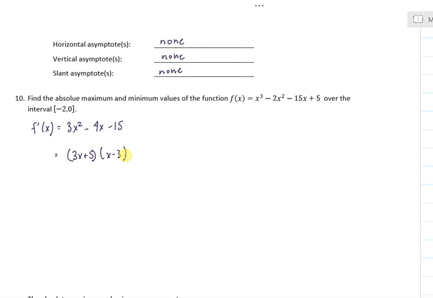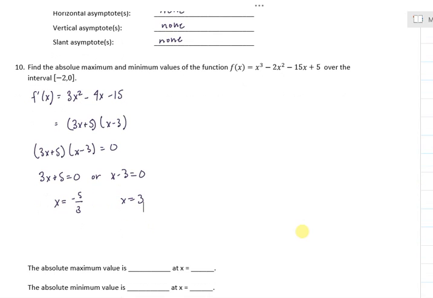So to set that equal to 0, we get 3x plus 5 times x minus 3 is equal to 0. That tells me 3x plus 5 is equal to 0, or x minus 3 equals 0. A little bit of elementary algebra gets me x is negative 5/3, and over here I get x is equal to 3. So those are my possible critical values.